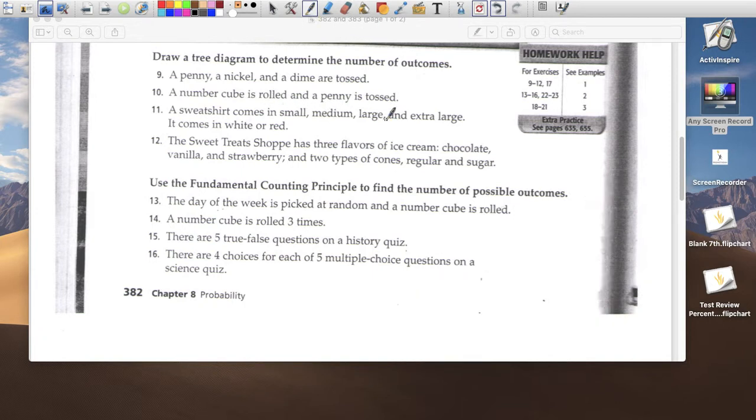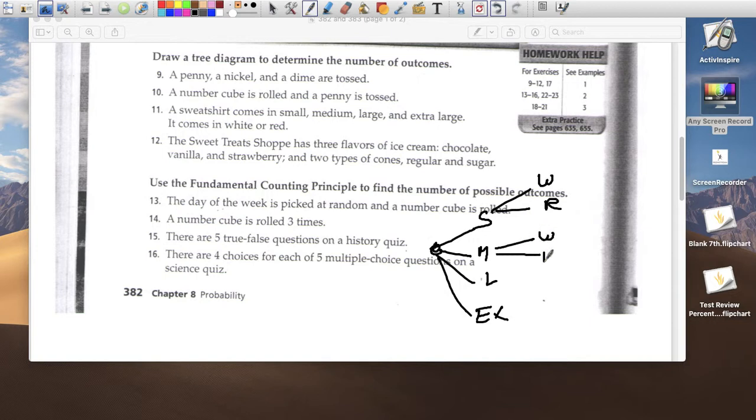A sweatshirt comes in small, medium, large, and extra large, and it comes in white or red. So, all the different possible combinations. If you walk into a store, you can buy a small, medium, large, or extra large. And with the small, if you were to buy a small shirt, you have a choice of white or red.